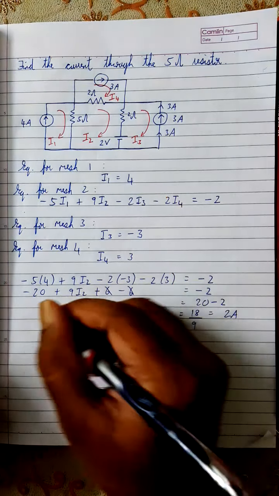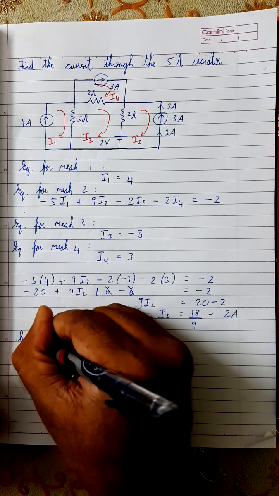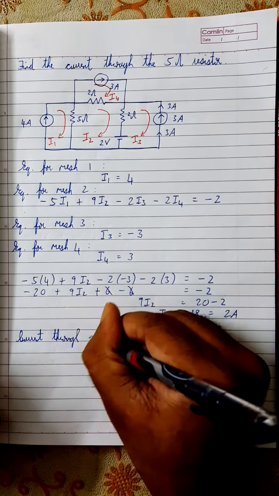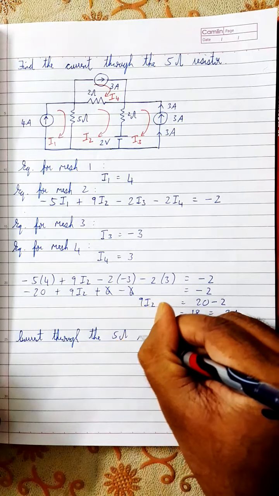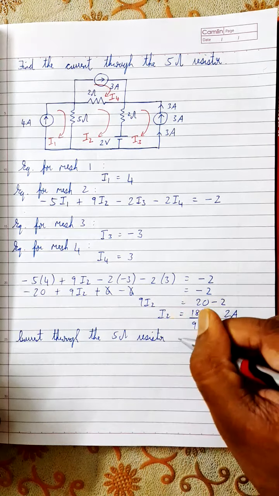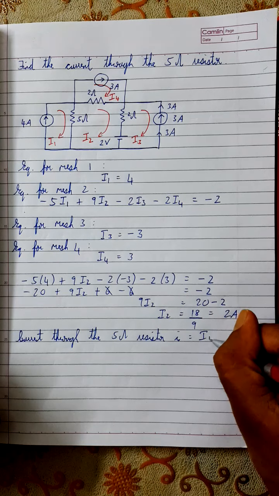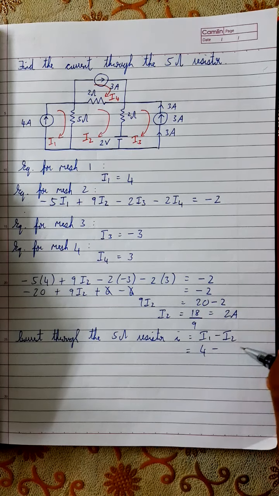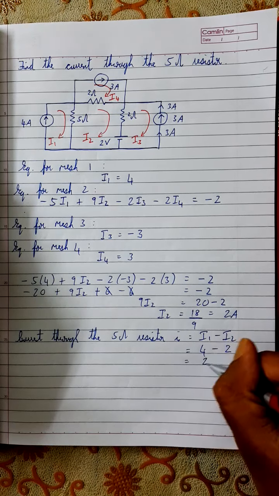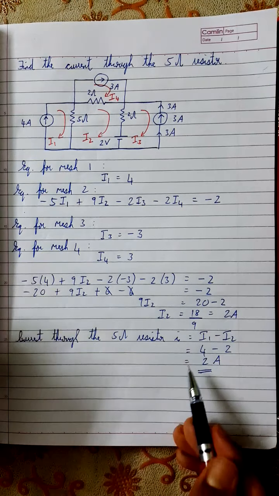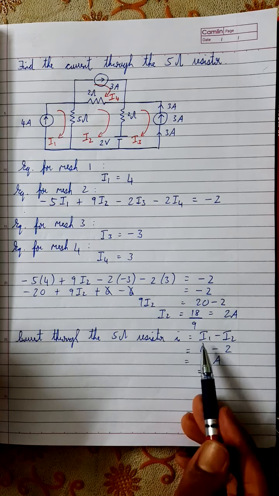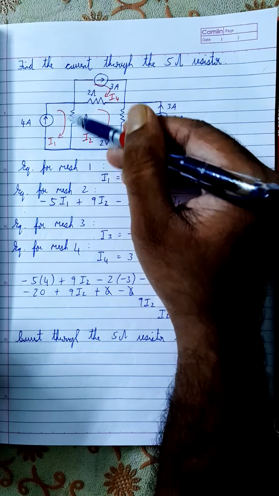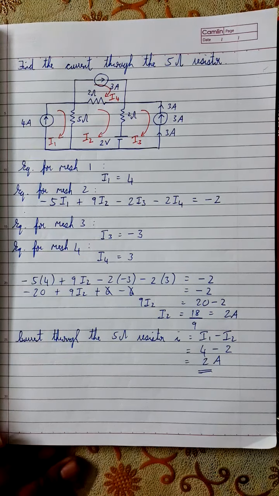So the current through the 5 ohm resistor is I1 minus I2, which is equal to, I1 is nothing but 4 and I2 is nothing but 2, which is equal to 2 amperes. It's positive. It is positive because I1 is greater, which means the current is flowing downwards, right? That's what it means. So 2 amperes. This is the answer.